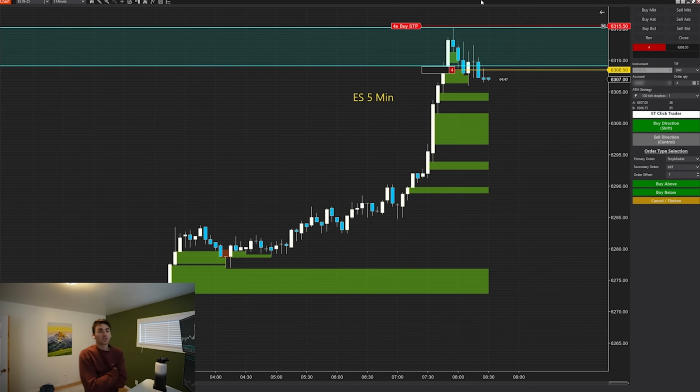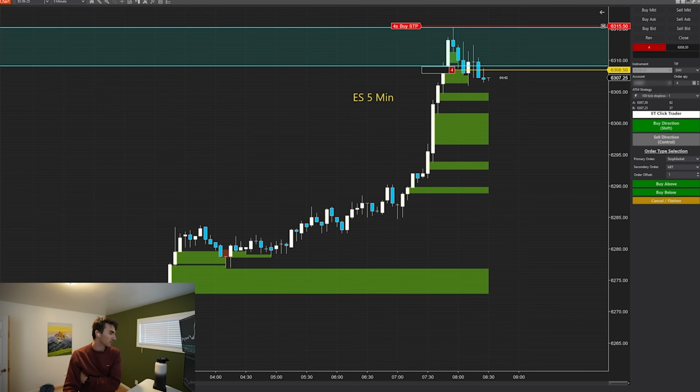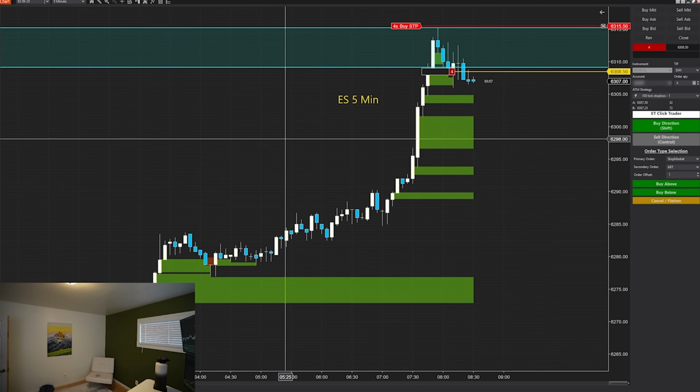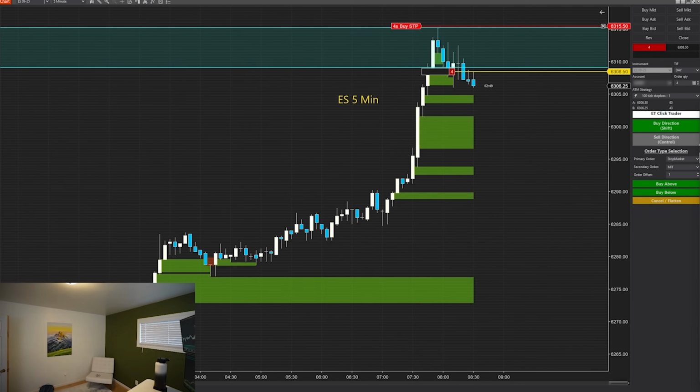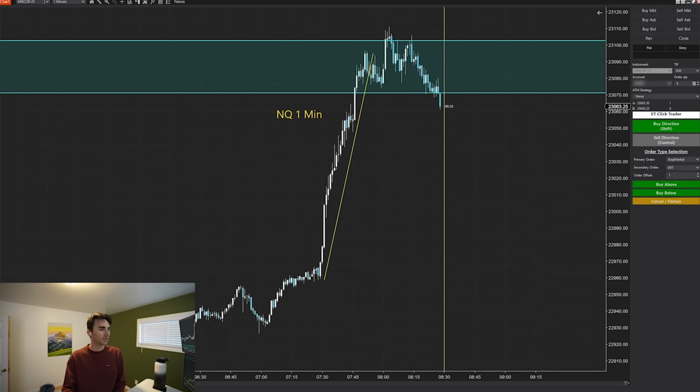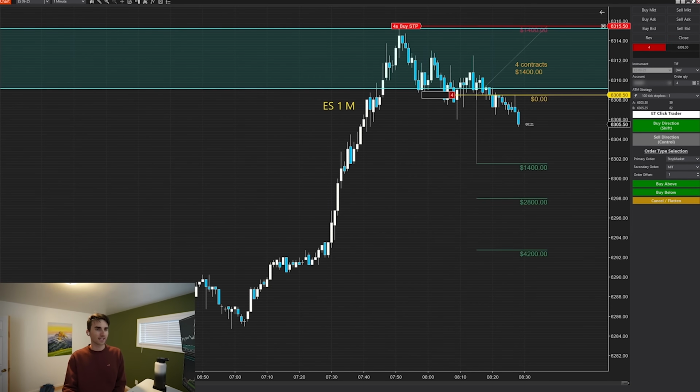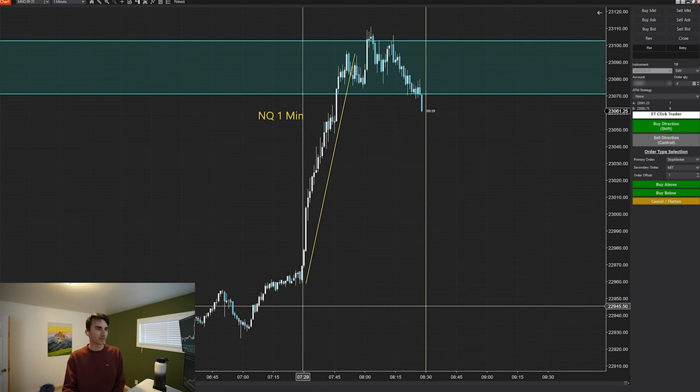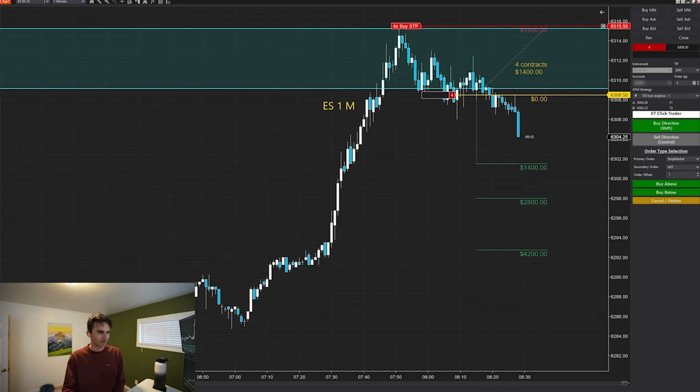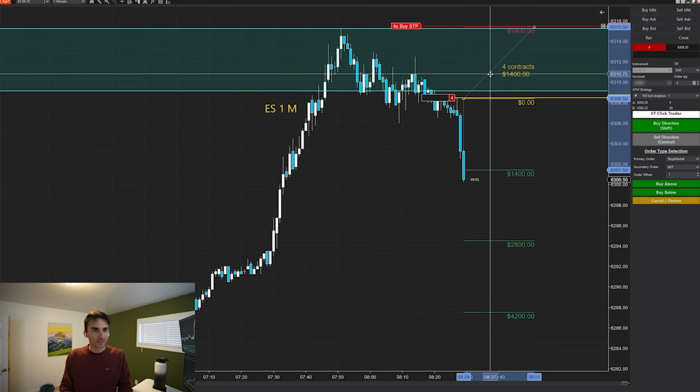This is when looking at a bigger picture 5-minute chart makes it way easier to drown out the noise of it looking good or looking bad. We're just looking for a push. Of course, the NASDAQ is now selling off better. Classic. You choose one and the other is better.